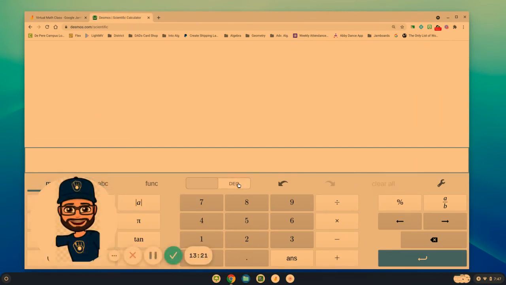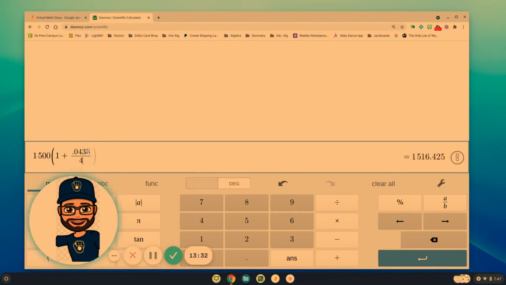So let's look at the first one. So I'm going to clear. 1,500 times 1 plus 0.0438 divided by 4, right? We're getting that interest of 4.38% 4 times. So we divide it by 4 to the power of that 4 to the power of 4 times 2.